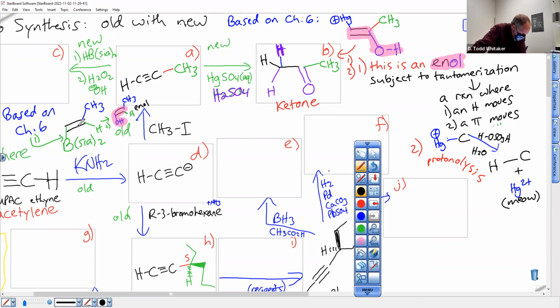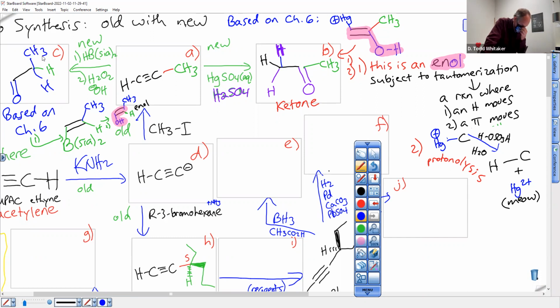Double bond to O. Okay, so my C single bond to O becomes C double bond to O. There's the pi switch, went from here to there. And the H that used to be blue is now here. We had an old green H there from our hydroboration, and we had a blue methyl, which was formerly a green methyl.